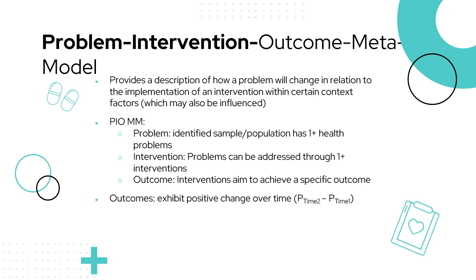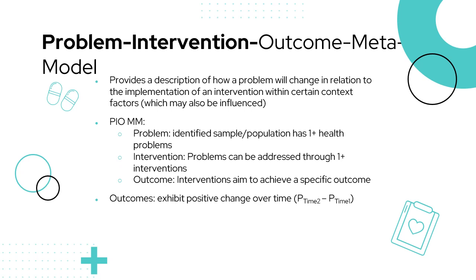What I'm going to do is see how that problem, let's say it's influenza season, how that influenza problem I might be experiencing in my long-term care facility changes in relation to the implementation, or in this case, the distribution of educational materials on hand hygiene.